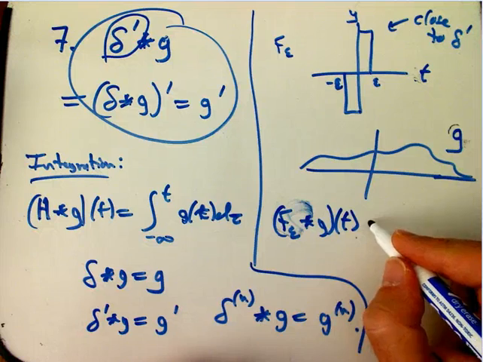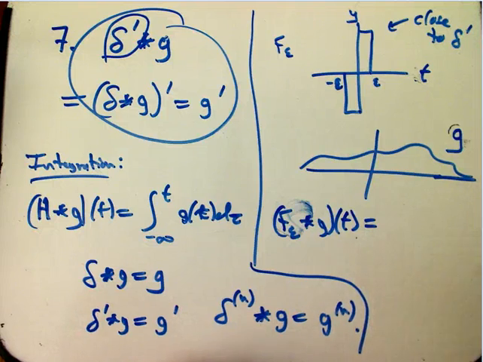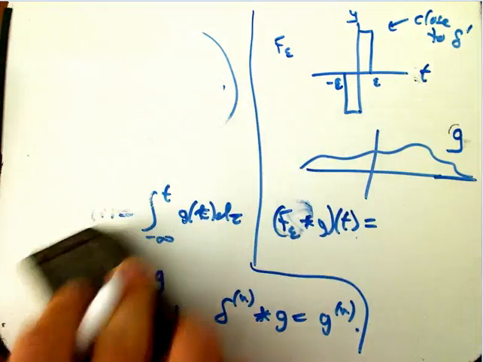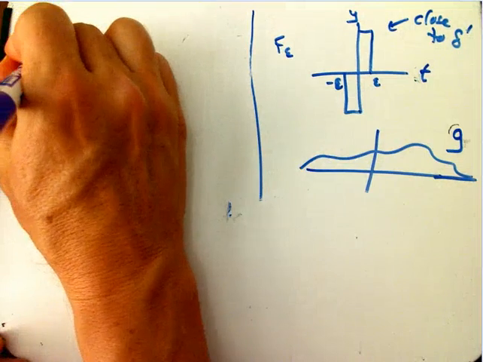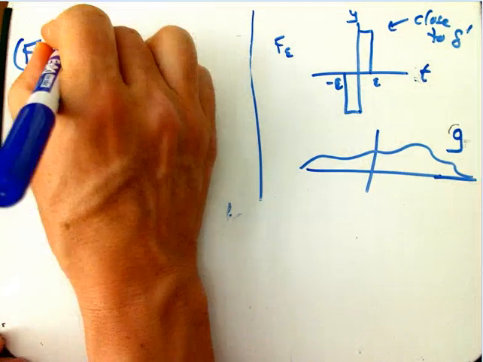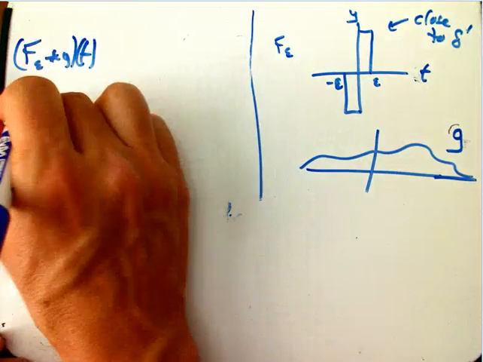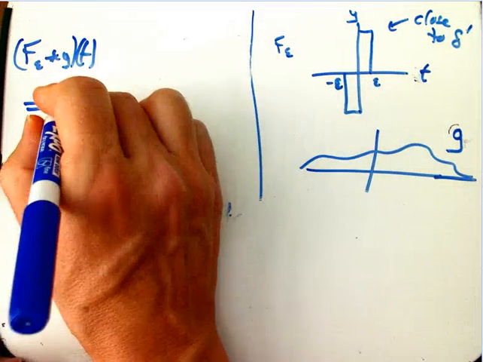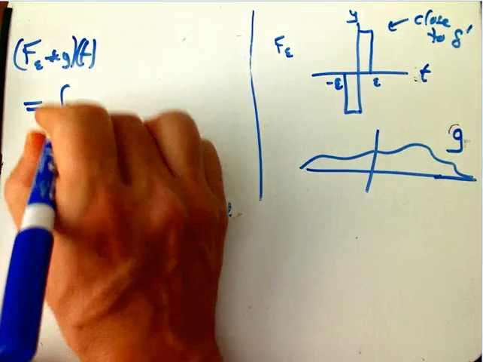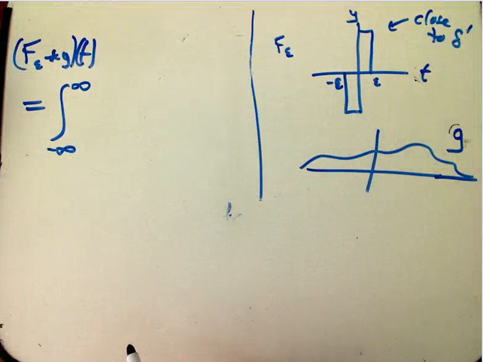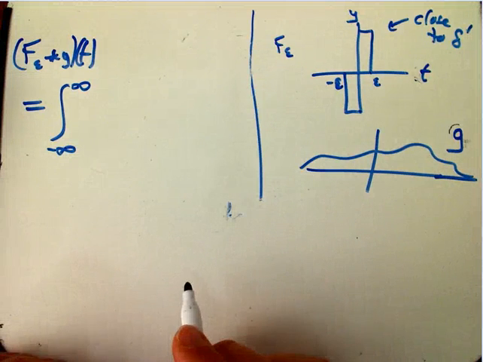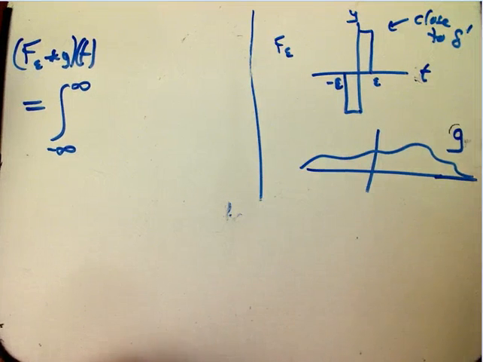Okay, so f sub epsilon star g of t. I'm not going to do this in gory detail, but I want to get to where it's plausible. So that's going to be the integral from minus infinity to infinity of, oh, and that's what's wrong here.